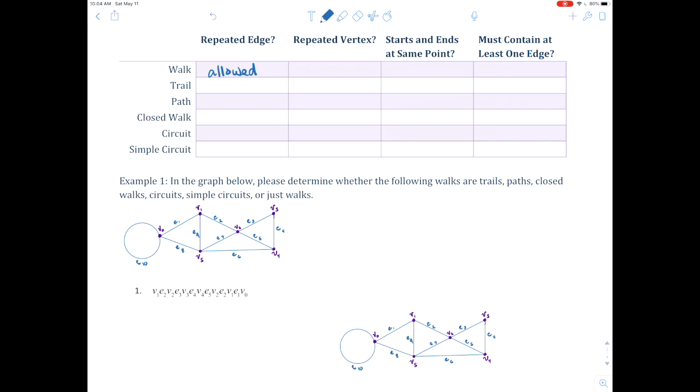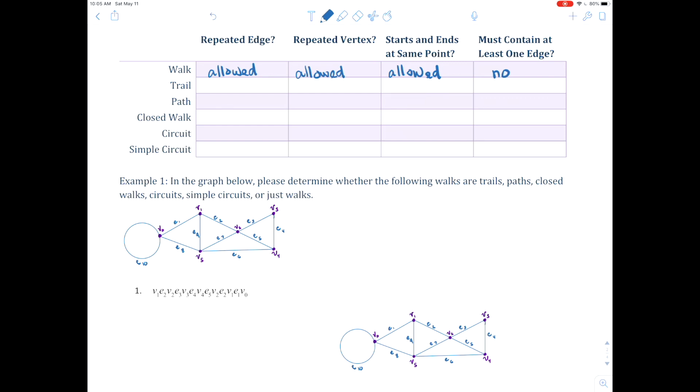And the reason I don't say yes is because it doesn't have to have a repeated edge. Okay, so it's allowed but not required. Right? A walk can have a repeated vertex, right? A walk can start and end at the same point, same vertex. And does a walk have to contain at least one edge? Good. No, because why? A simple walk does not have an edge.